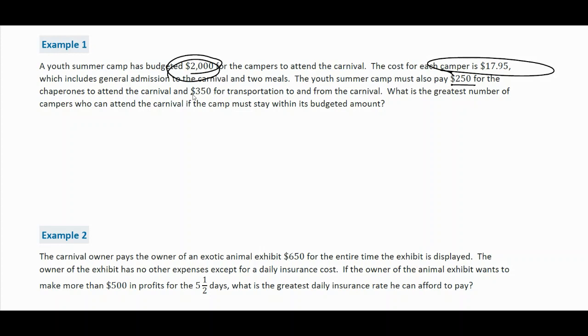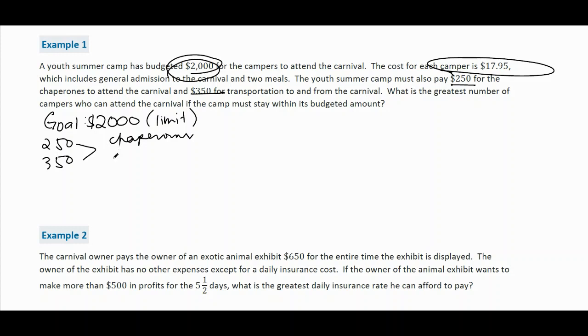All right. So this 2,000 budget, of course, the 250 and the 350 should be included in the $2,000 budget. So what we're going to do, of course, write the given. Our goal is not to exceed $2,000, or this is our limit. Okay. We got 250 and 350, which are for chaperones and transportation, respectively.